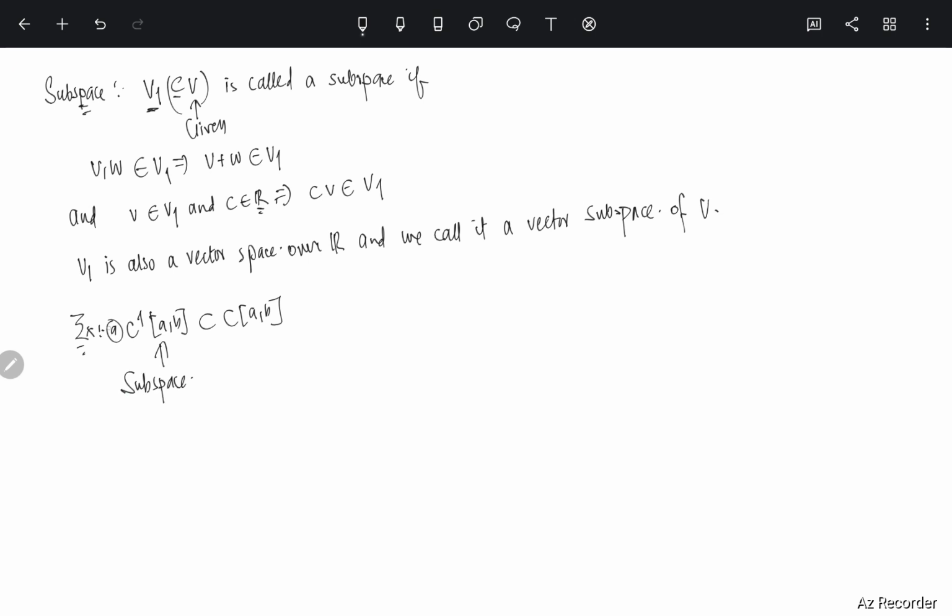Of course you can also see that C infinity of [a,b] is also a subspace of C[a,b].